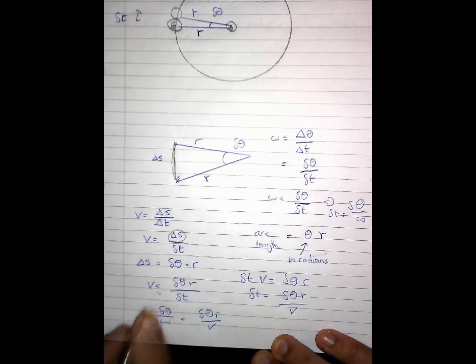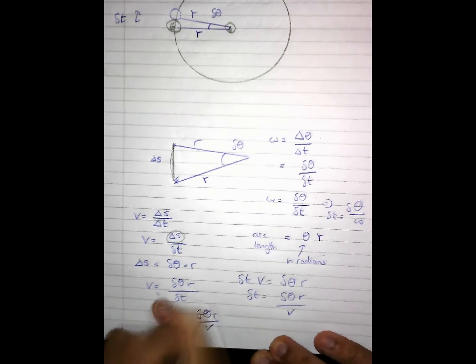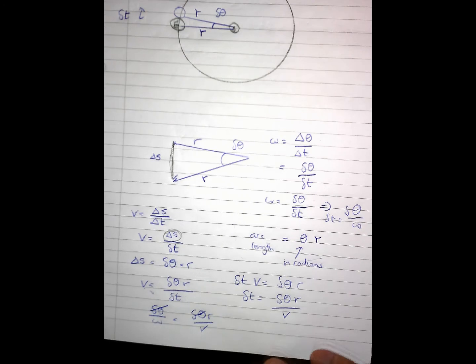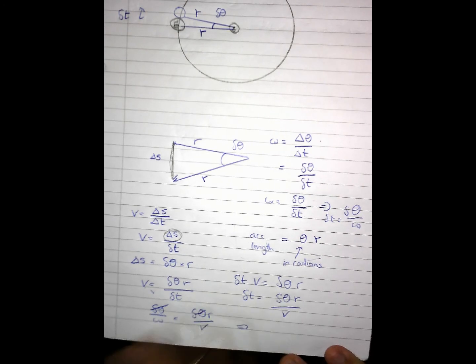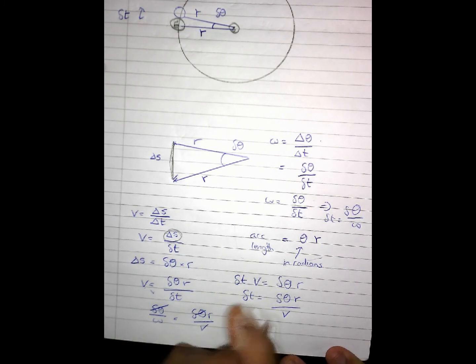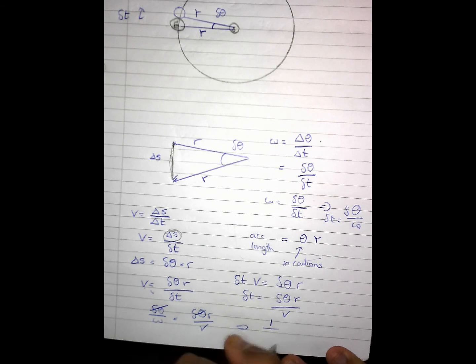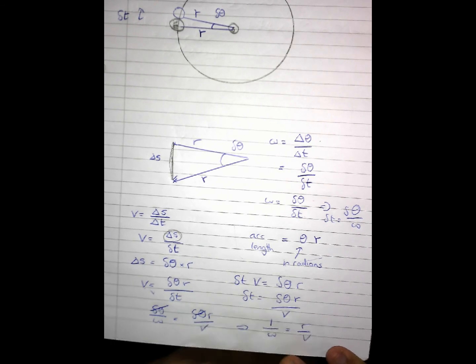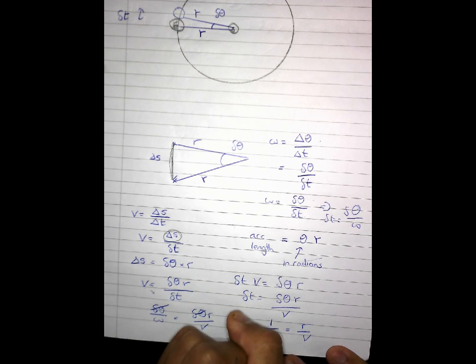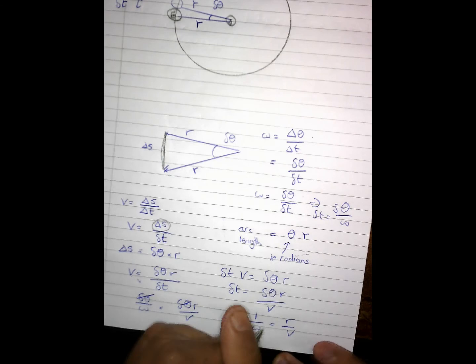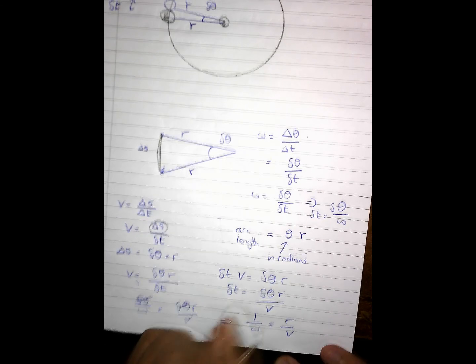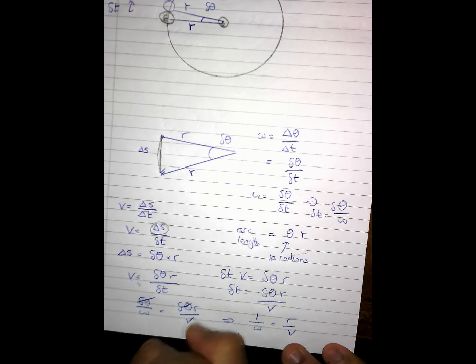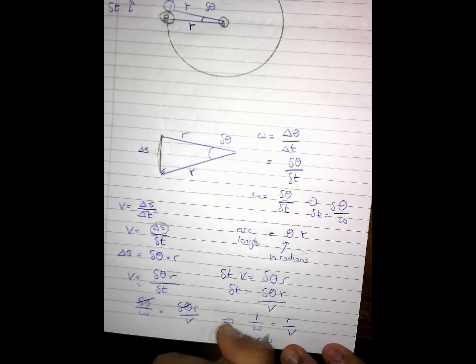What's helpful at this stage is we've got delta theta on both sides, which cancel out, which then leaves us with 1 over omega equals r over v. If I then change that equation with a simple rearrangement, I get v equals r omega.